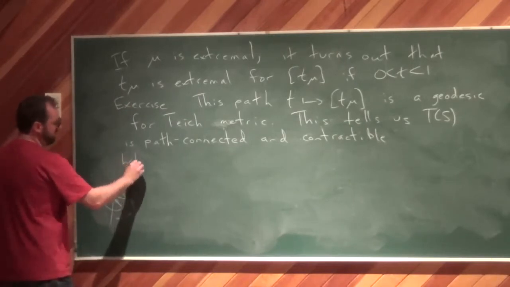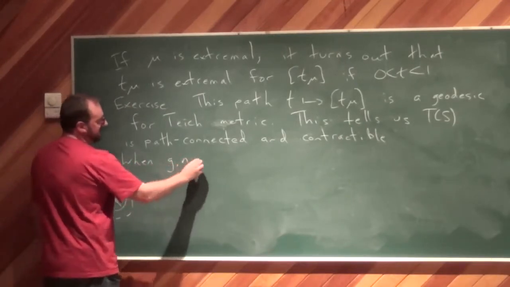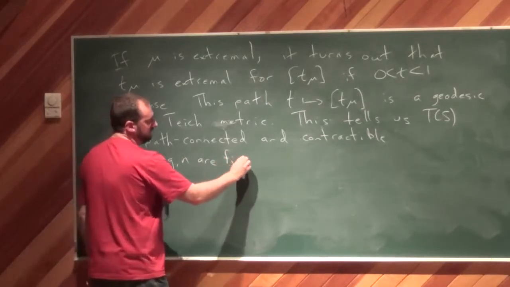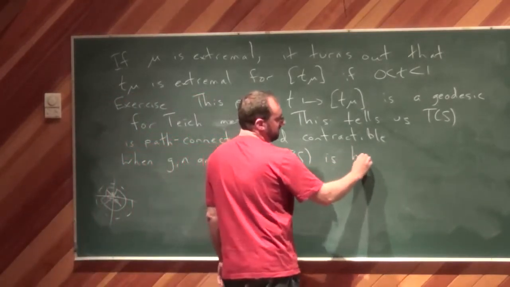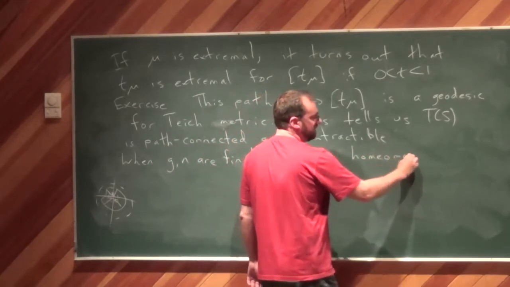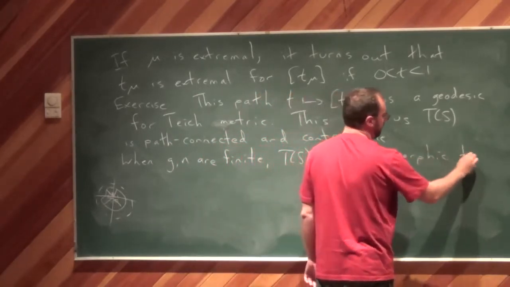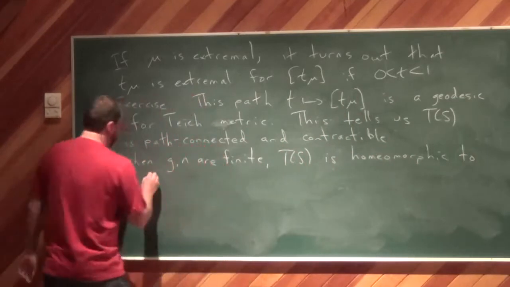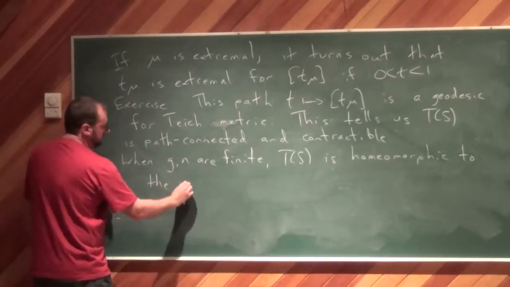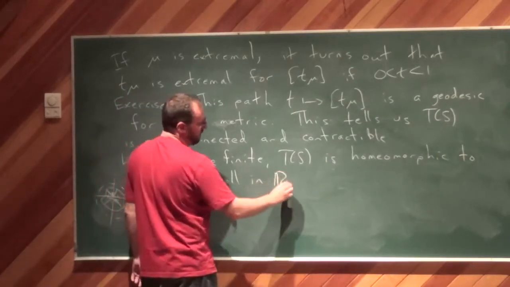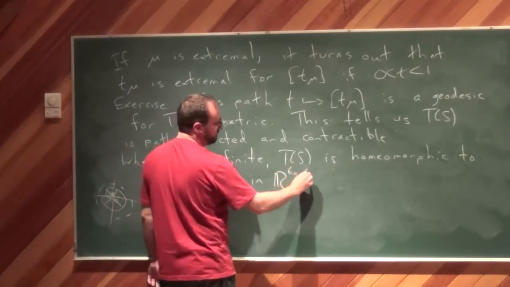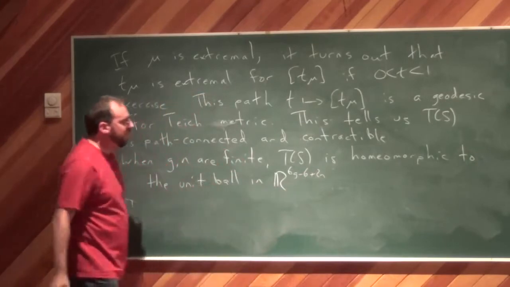So when G and N are finite, T of S is homeomorphic to the unit ball in R of 6G minus 6, I guess, plus 2N.